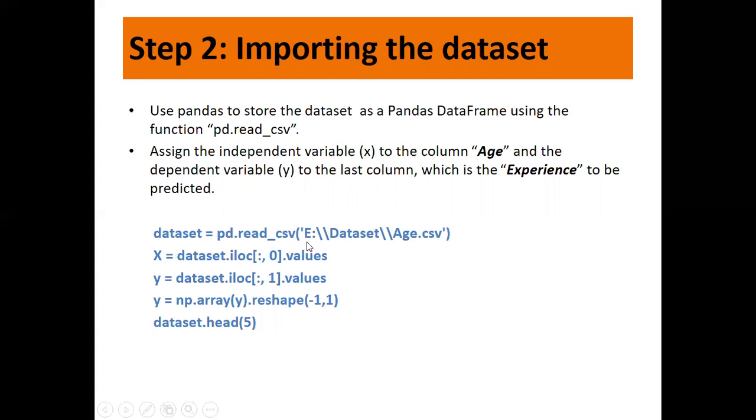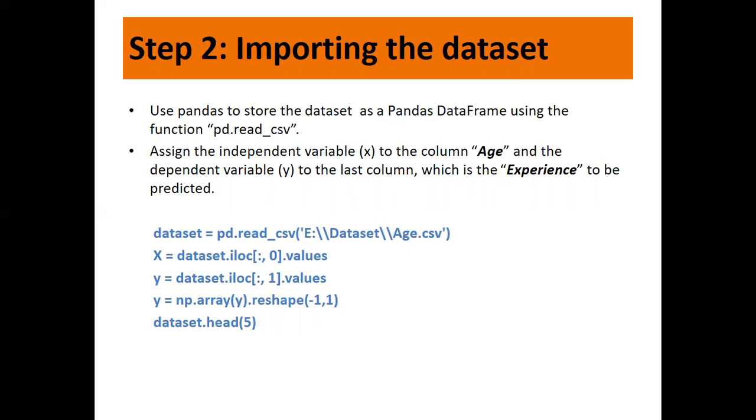You can see here, this is the path where my data set age.csv is stored. Creating a CSV file is a very simple concept. Just open your Excel sheet, enter your data, and when you are saving it, select the option Save As, and under Save As select .csv comma separated file, and then you can save it. So in the Excel sheet, you just need to save it as a comma separated file, that is CSV.